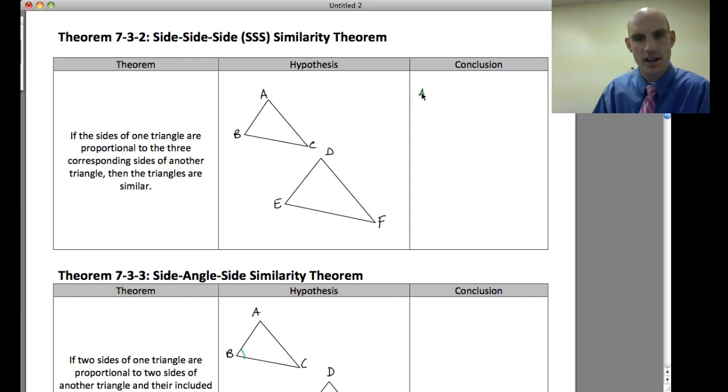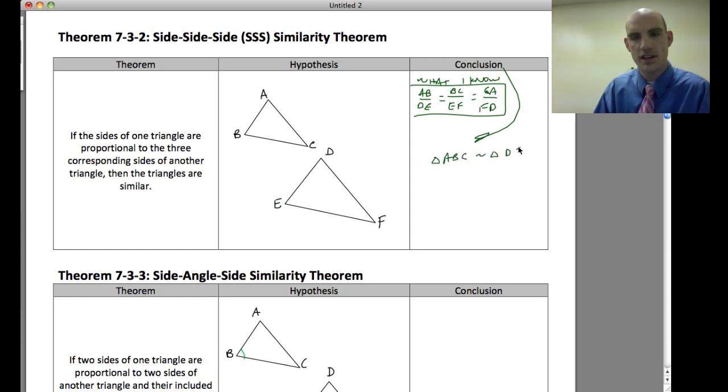So what I'm going to say is AB over DE is equal to BC over EF is equal to CA over FD. This is what I know. And so what I can conclude is that triangle ABC is similar to triangle DEF.